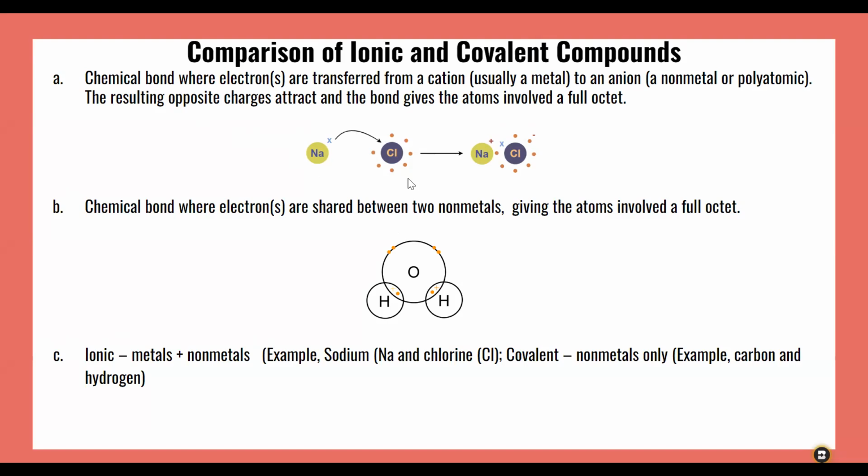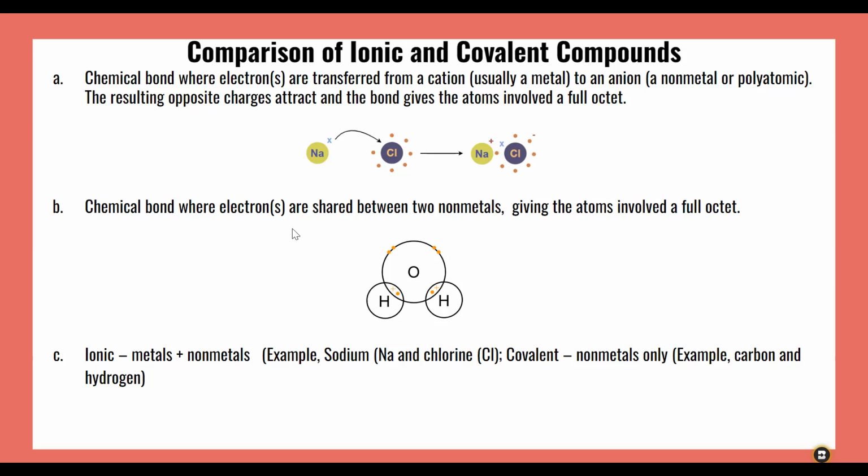That's the only way it gets stable, forming cation and anion. This is cation, this is anion. Also, sometimes it can be between metal and polyatomic ion, okay? So this is an example showing the transfer of electrons, showing there's opposite charges that attract to form an ionic bond.